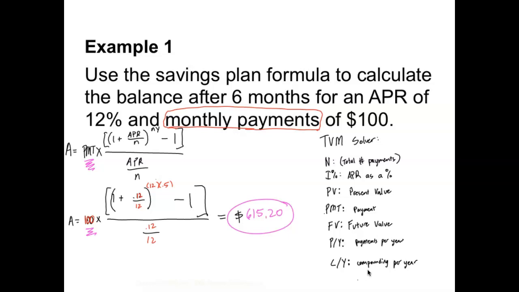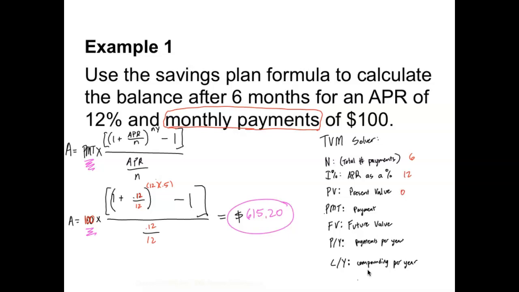To actually use the TVM solver, here's what we're going to do. So the total number, I'm going to redo this problem, but in the TVM solver. So for N, the total number of payments that I'm going to put into my account for 6 months is just 6, right? So I'm making 6 deposits. My interest rate is 12%. The present value, so before we start making monthly deposits, the present value is 0.